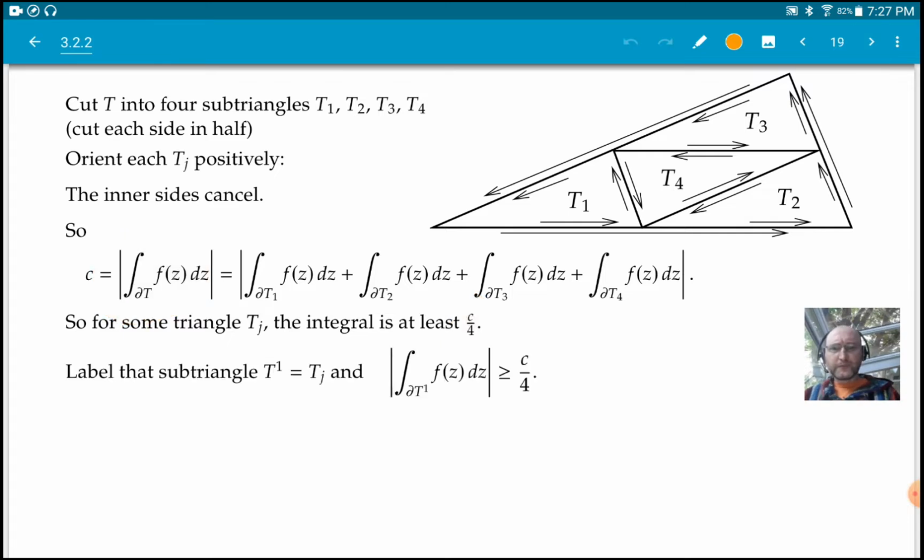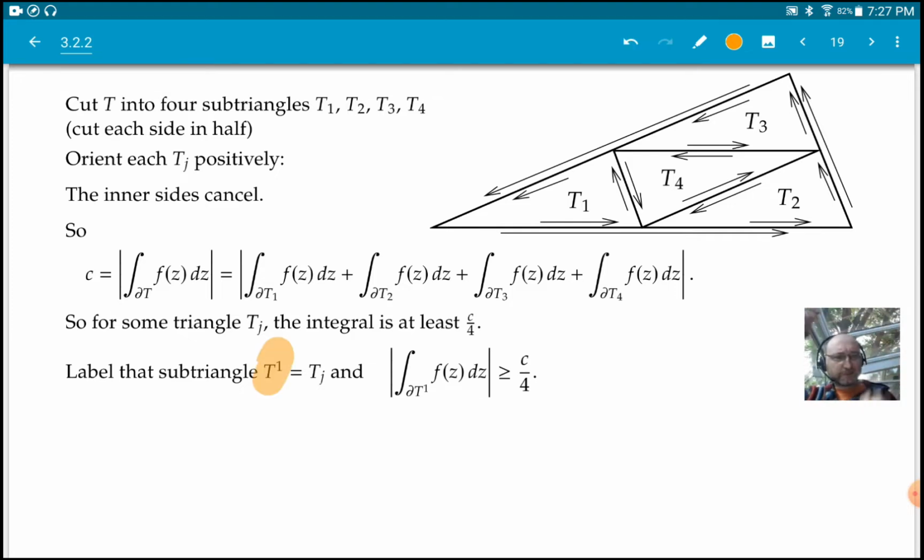So let's label whichever that triangle is, maybe T2 or something, as T super 1.